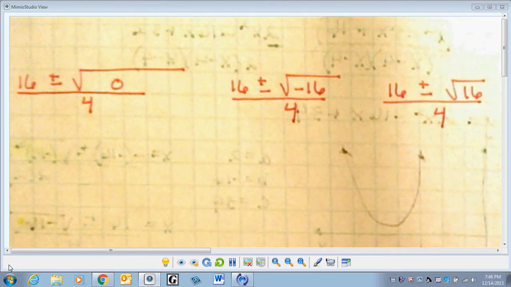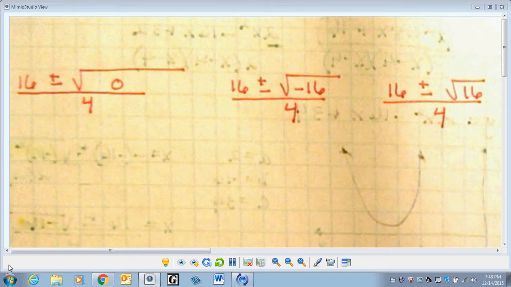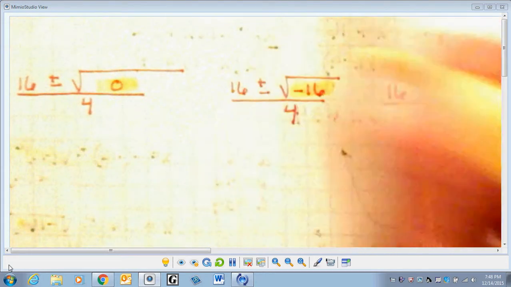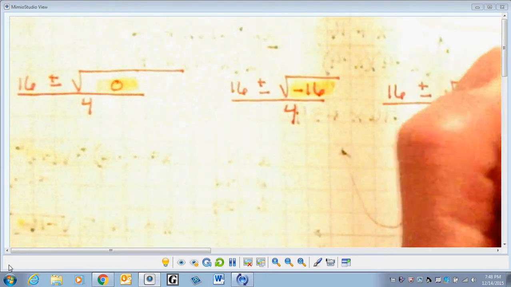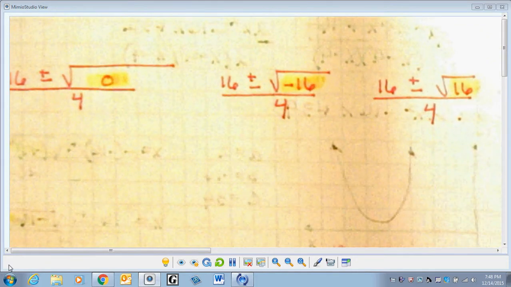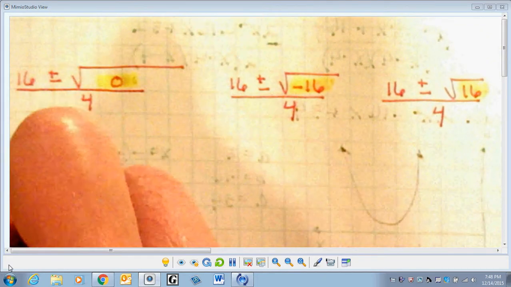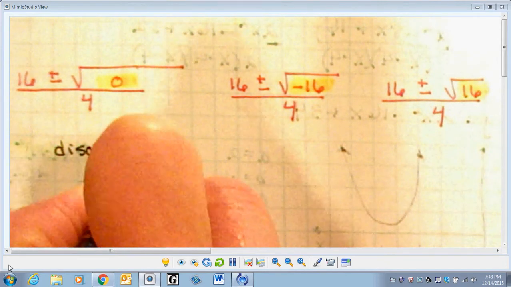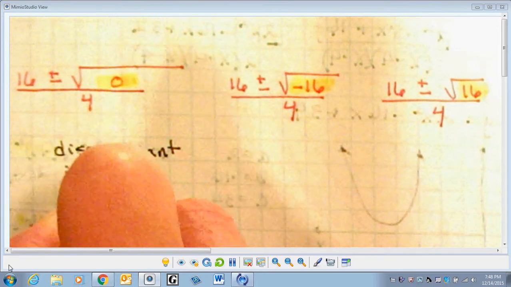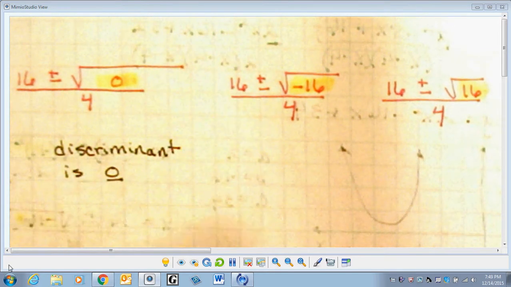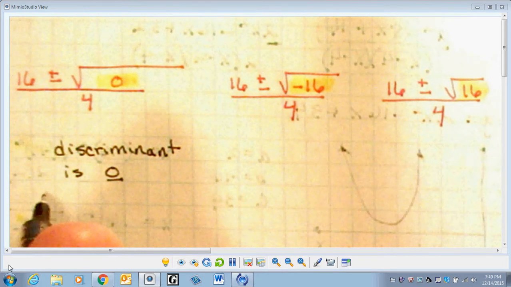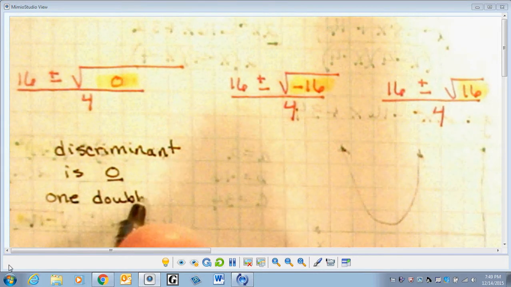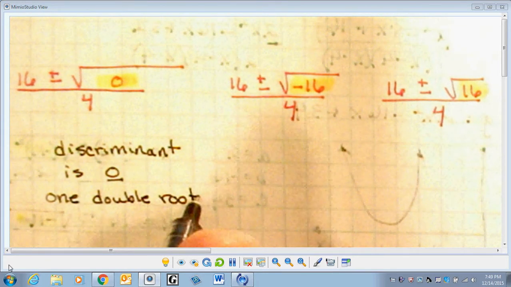So when we think about what this is, let's just look at the discriminant. So here, 0 is the discriminant. Here, negative 16 is the discriminant. And here, positive 16 is the discriminant. So what this means is, if the discriminant is 0, then we have one double root. Okay?